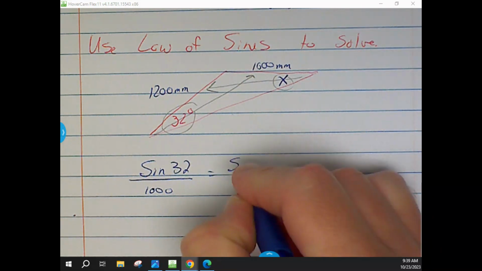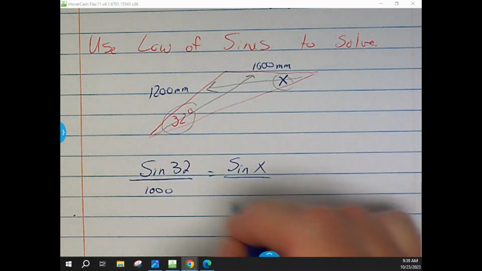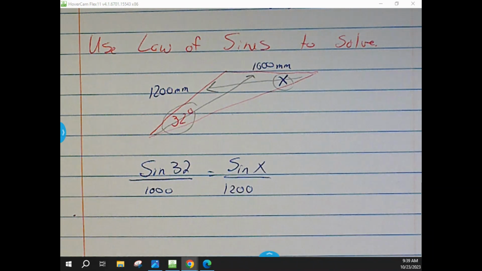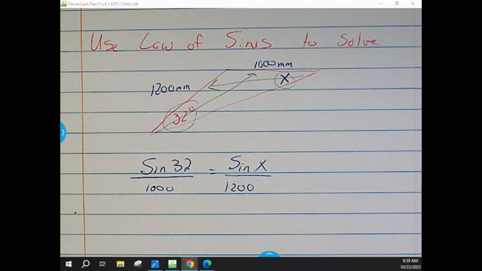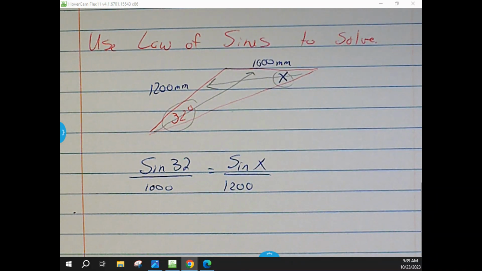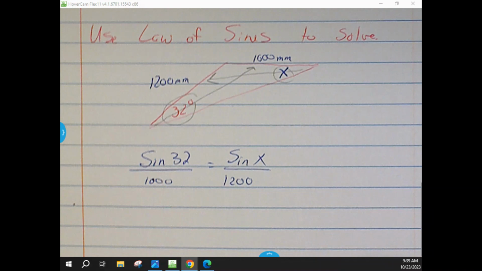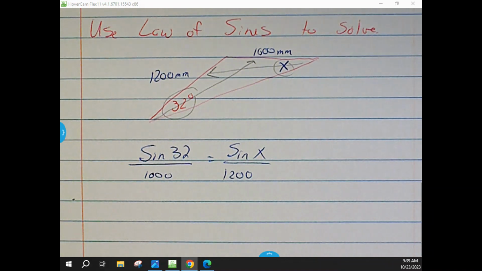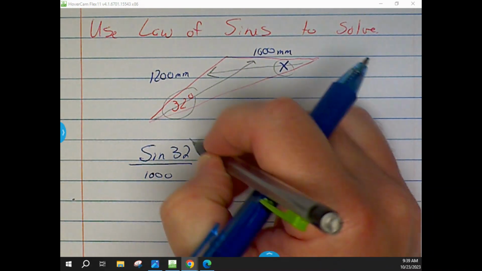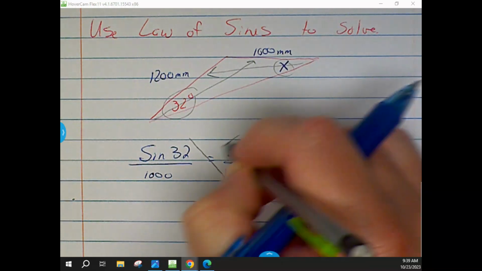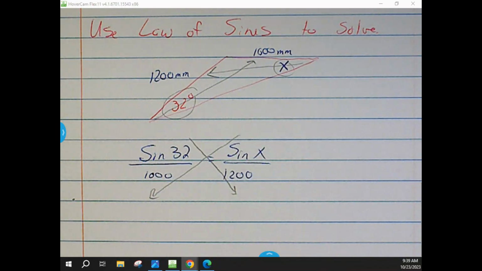So it's going to be sine of x over 1,200. Okay, and then from there, it's just cross products. It's sine of 32 times 1,200 equals sine of x times 1,000.